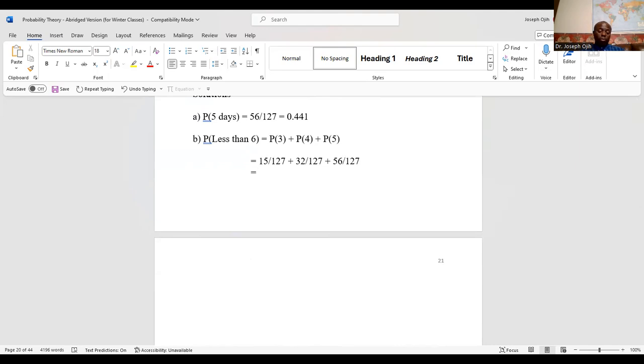So I'm going to write this down so you can check it: 15 over 127 plus 32 over 127 plus 56 over 127. Let's put it in the calculator and get our answer.